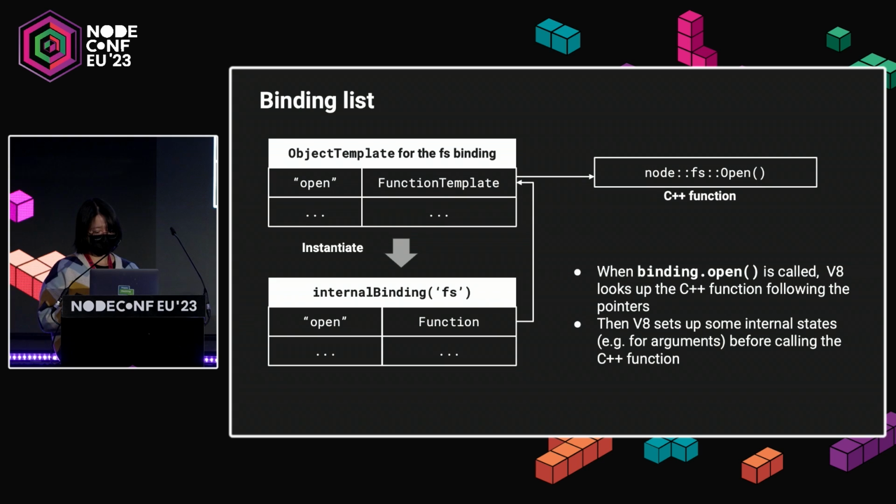Now, normally when we create the binding objects, what typically happens is that we create the object template for the binding object, which references many other function templates.